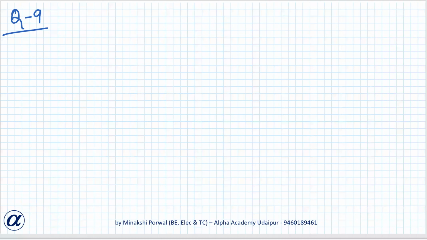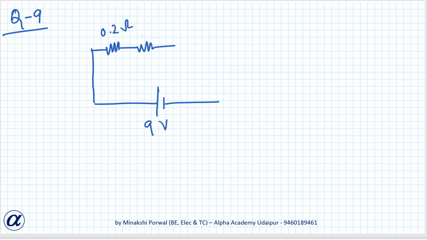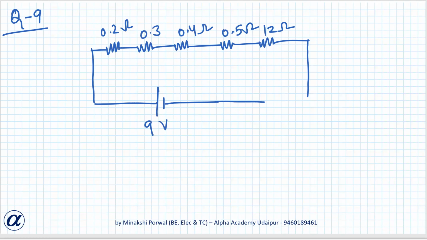So a 9 volt battery is connected to resistances of 0.2 ohm, 0.3 ohm, 0.4 ohm, 0.5 ohm and 12 ohm, all connected in series. We have to find the current through the 12 ohm resistance.